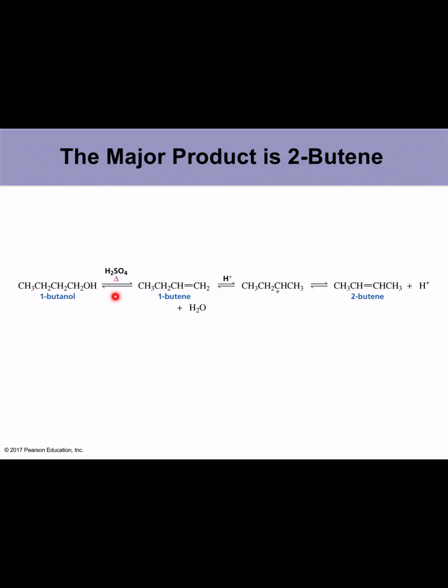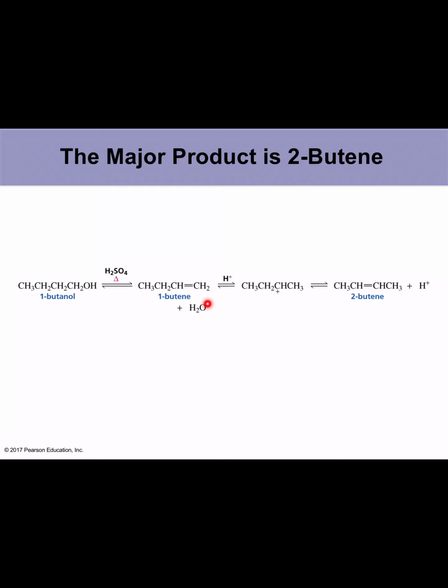Another example, here we have 1-butanol in the presence of sulfuric acid. You can have 1-butene as your E2 product. And then since we are in the acidic medium, this can get protonated again and form a secondary carbocation.